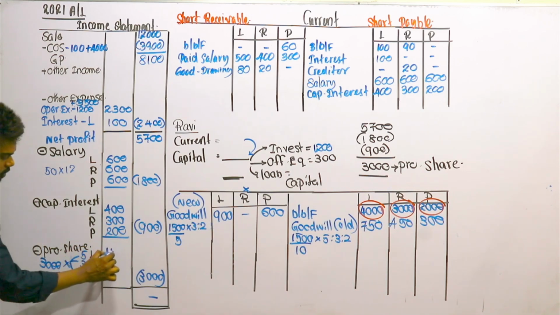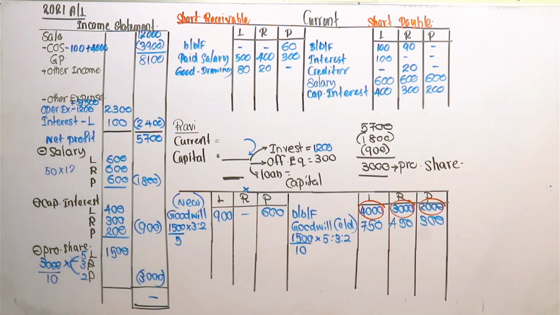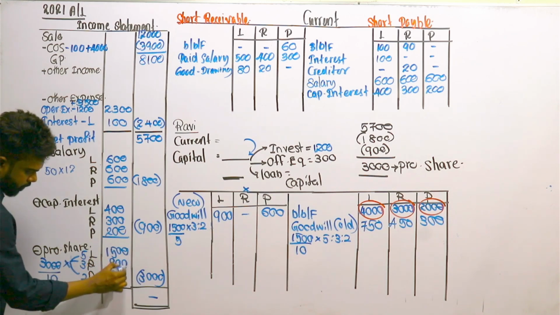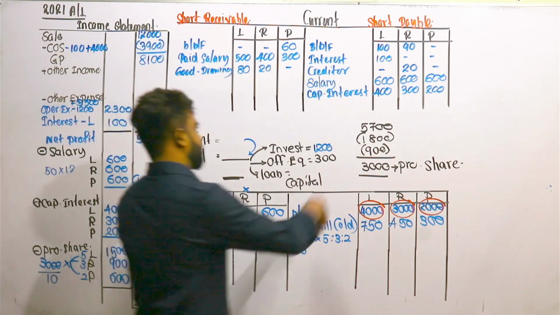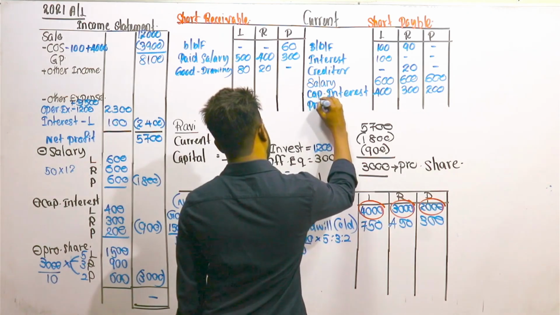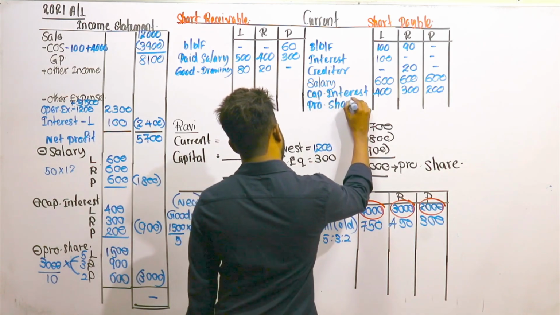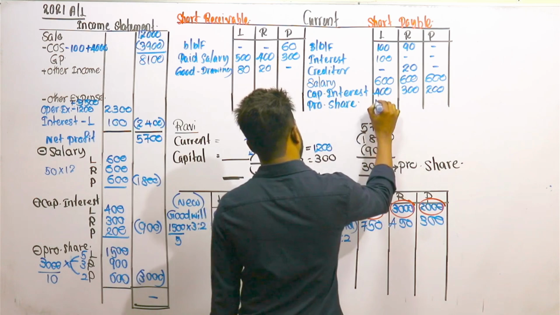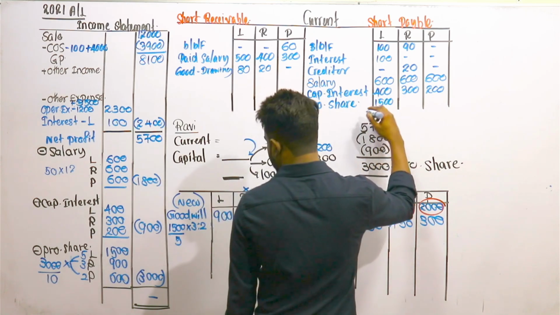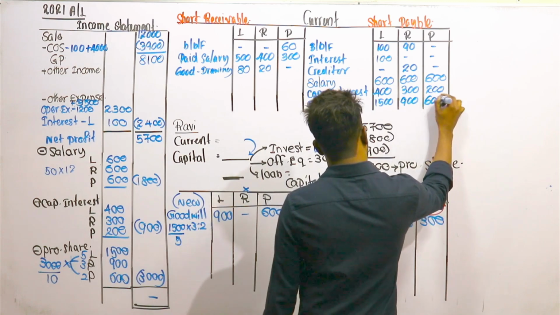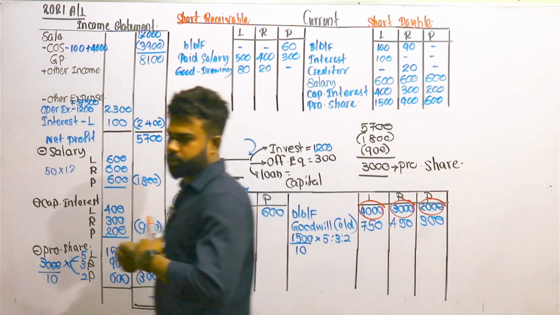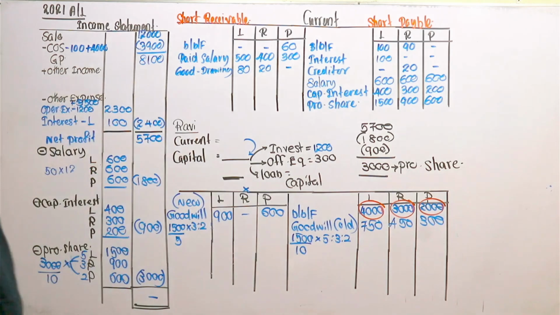It's 1,500, 900, 600. On profit also, payable to partners. Clear the payable to partners, record it.